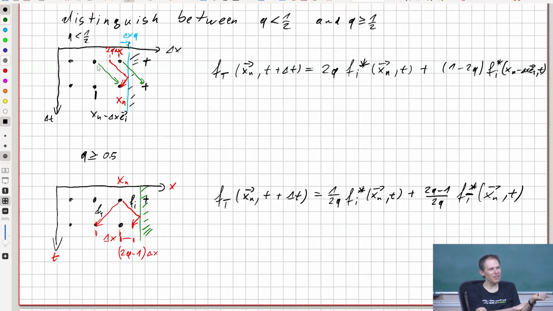Either you have a serial execution or a parallel execution. In a serial execution, you would think about, have I updated this guy already or not? And have I overwritten something important or not?